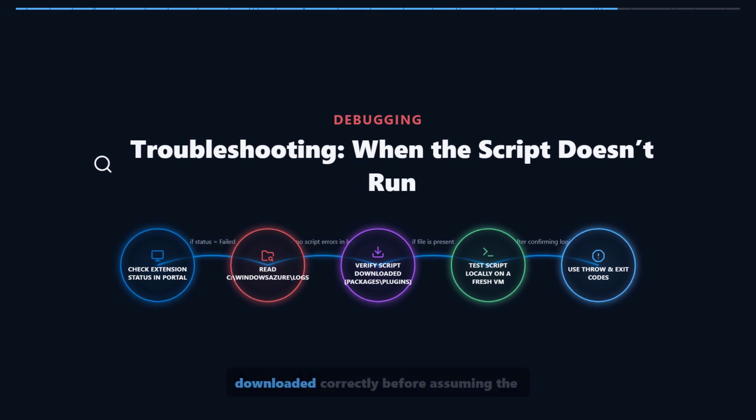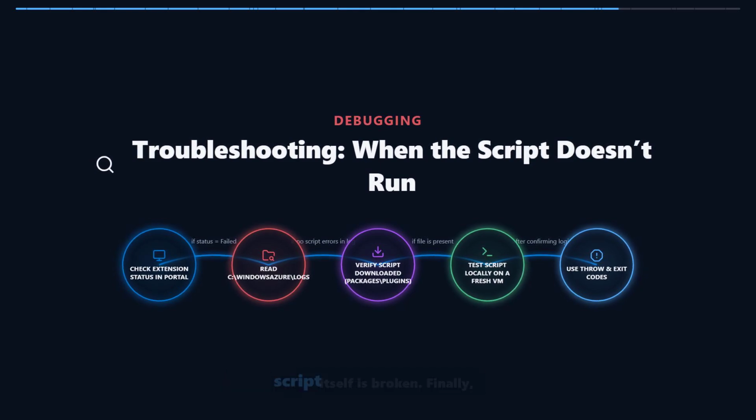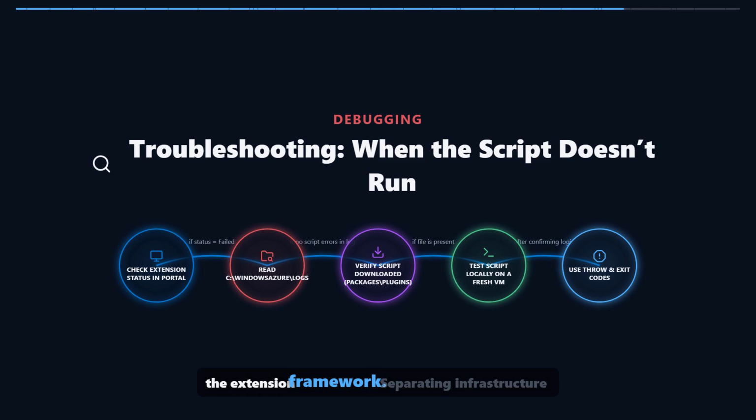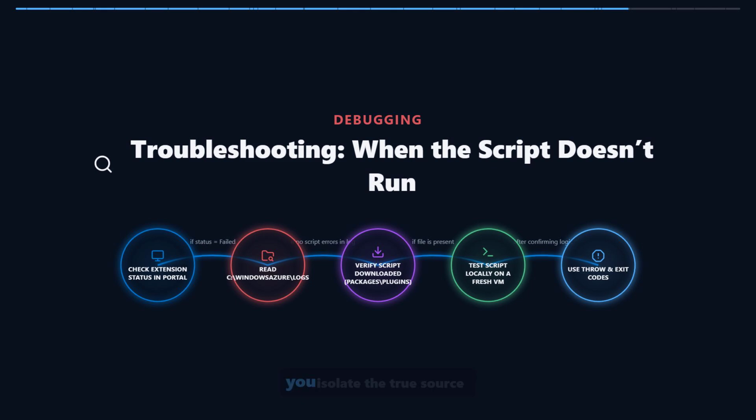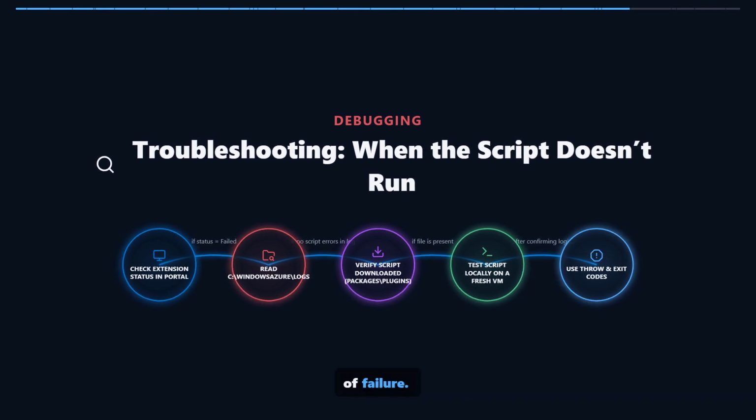Verify that the script downloaded correctly before assuming the script itself is broken. Finally, test the script manually on a clean virtual machine outside the extension framework. Separating infrastructure problems from script logic dramatically reduces troubleshooting time and helps you isolate the true source of failure.